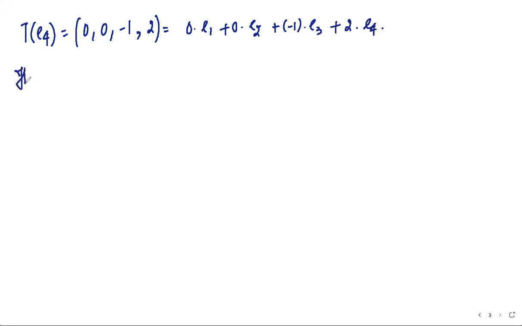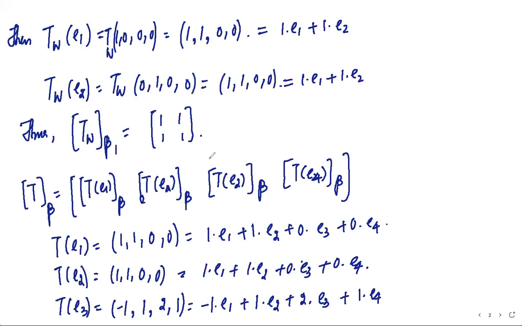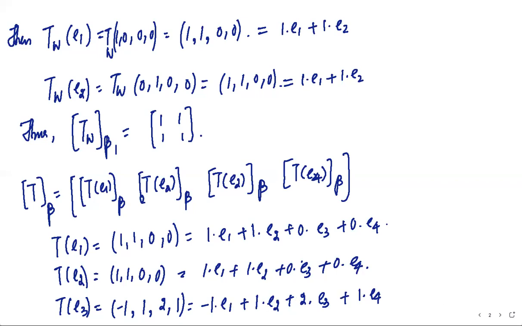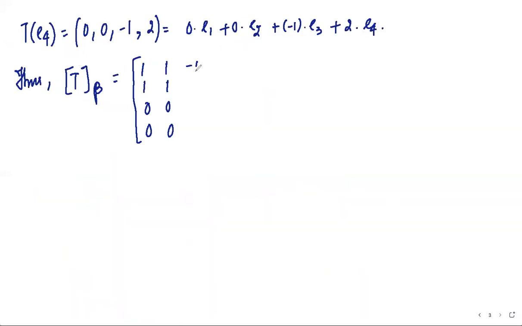So thus the matrix of T related to the basis beta has its first column as (1, 1, 0, 0), which is the first coordinate vector. The second column is also (1, 1, 0, 0). The third column is (-1, 1, 2, 1), and the fourth column is (0, 0, -1, 2).